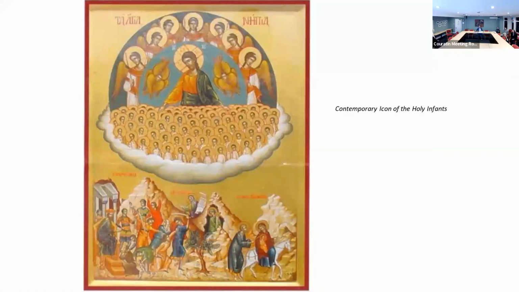Here, of course, we have children at work. They then become this huge multitude, don't they? The symbolic number they're given means that it's not simply the innocents of Bethlehem, but the innocents of wherever.